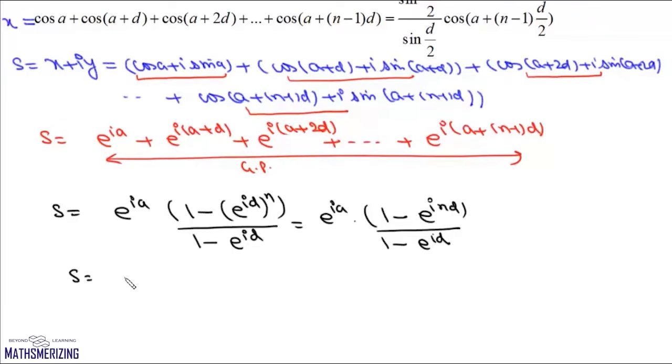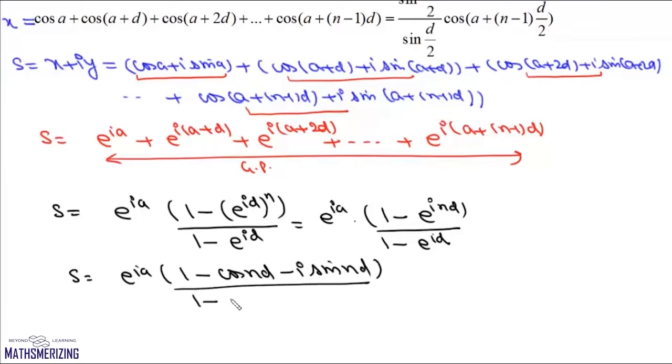So we can write this as e to the power iota a, and this is 1 minus cos n d minus iota sine n d upon 1 minus cos d minus iota sine d. Now we'll use half angle formulas for cos and sine.